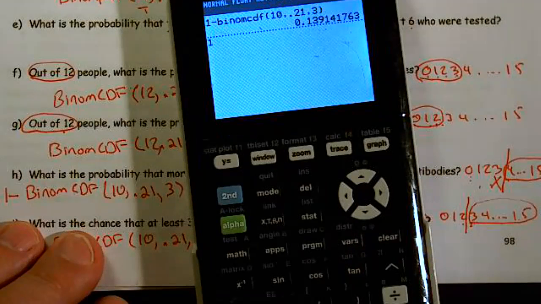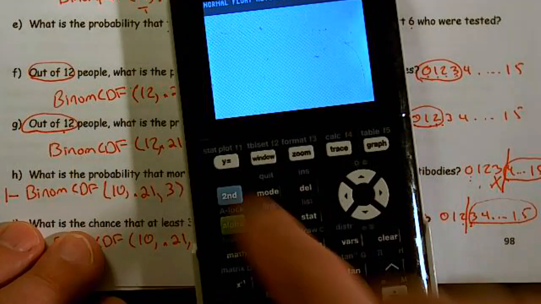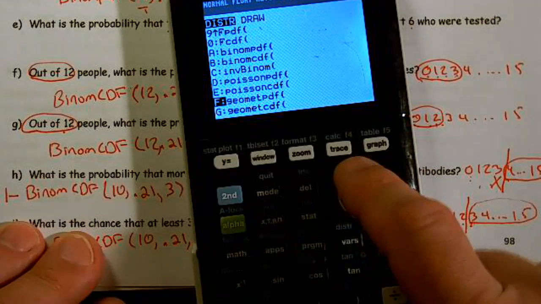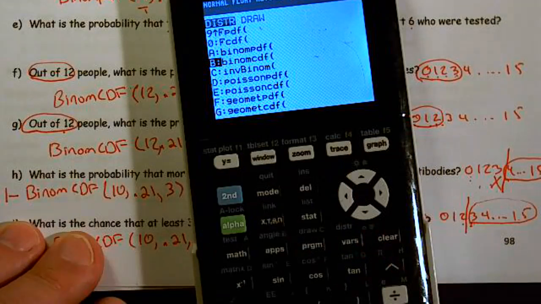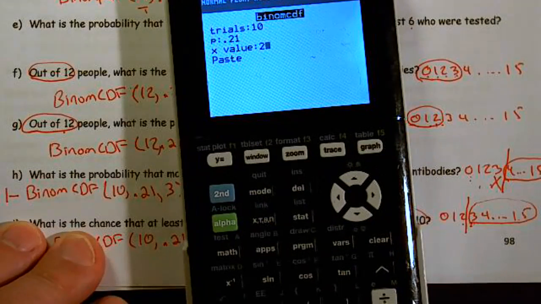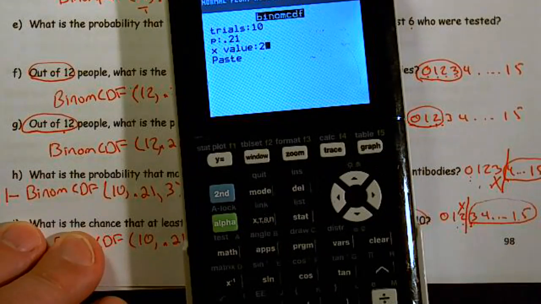So 1 minus second vars. You know what? I'm going to clear my screen. Sorry. 1 minus second vars, binomial, CDF, trials is 10. Probability is 0.21. The highest value not circled was 2. All right? Highest value not circled is 2.